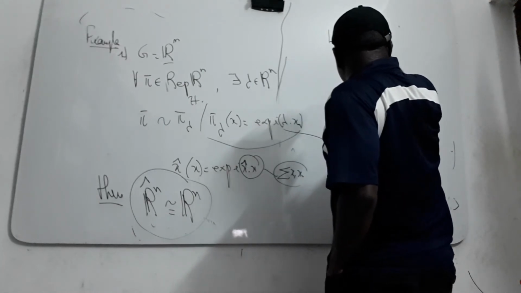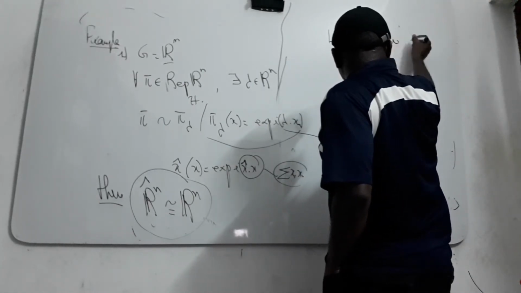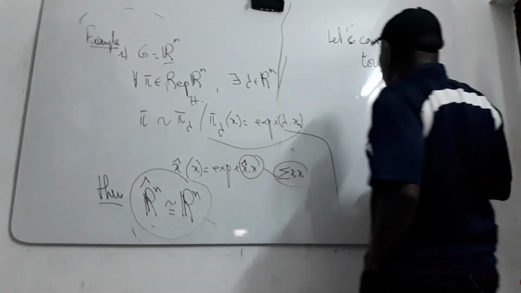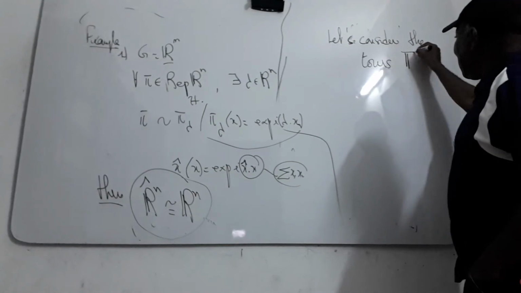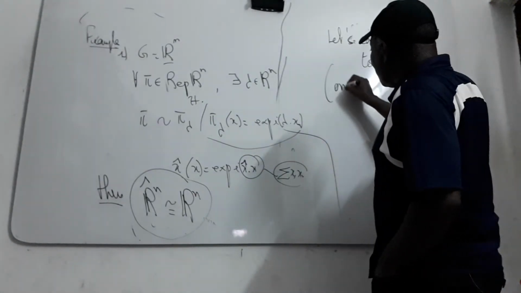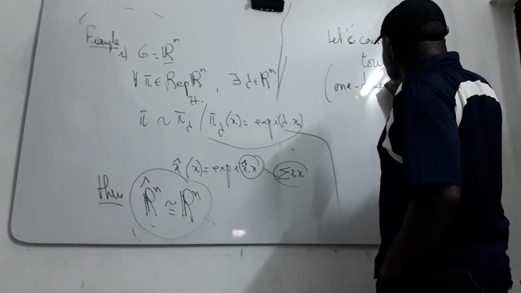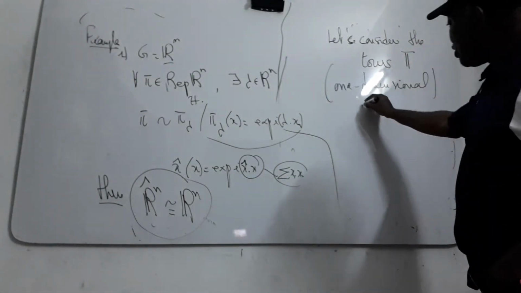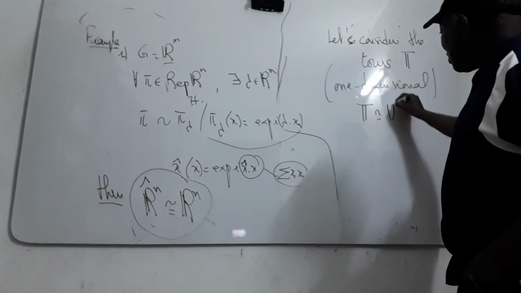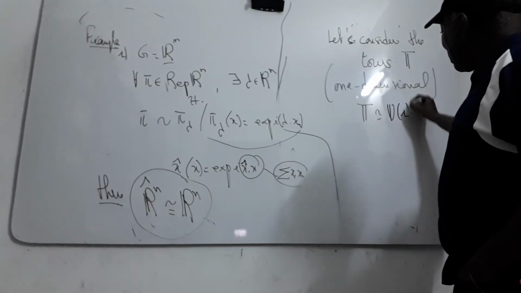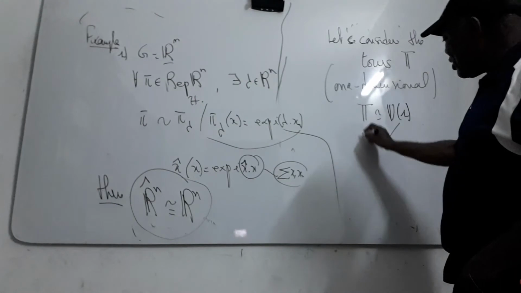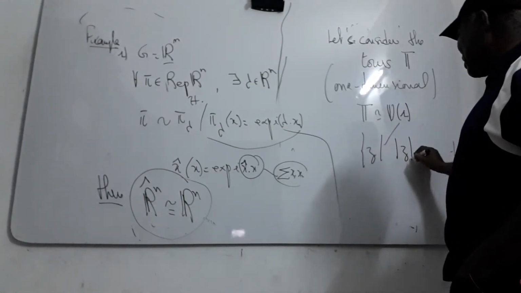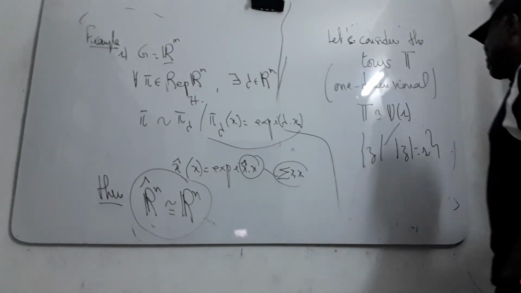Let us consider the torus T, the one dimensional torus, which is identified to the set of complex numbers whose modulus is equal to 1.